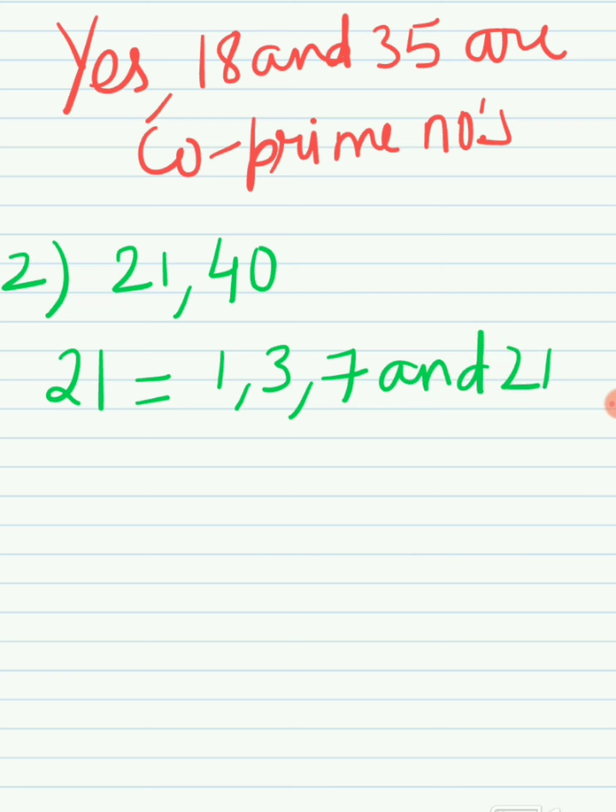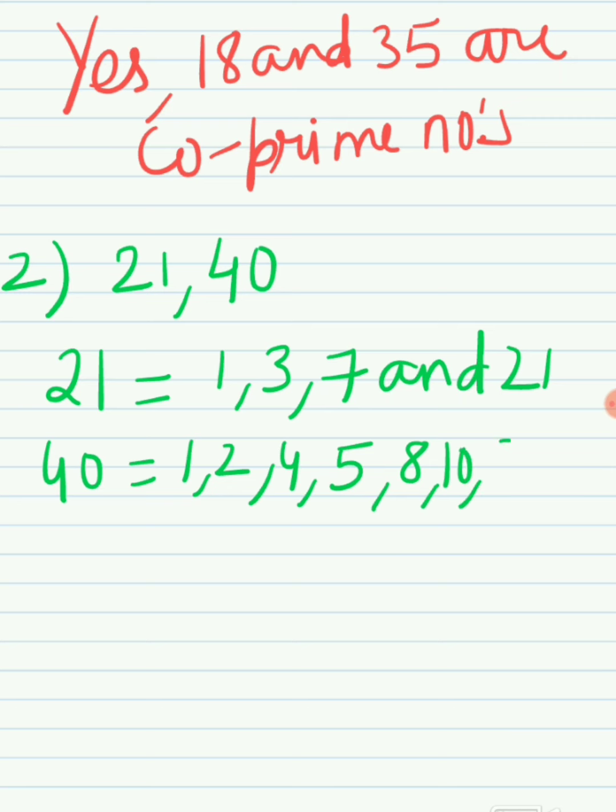Now we have to write down the factors of 40. The factors of 40 are 1, 2, 4, 5, 8, 10, 20 and 40. Now we will see whether these numbers are co-prime or not.